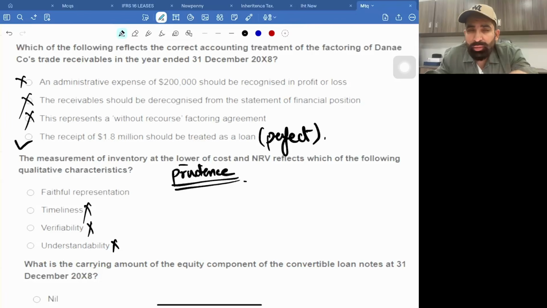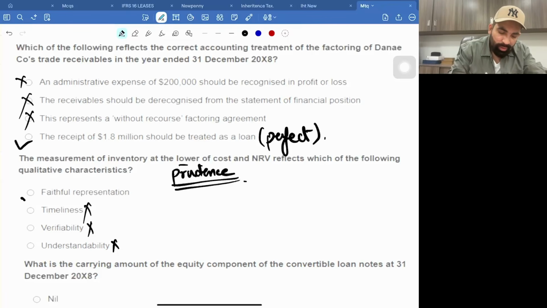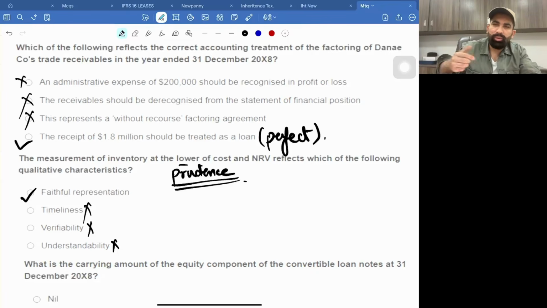And in the prudence concept, you cannot book future income now, so this is again faithful representation, in the best interest of your shareholder. So it's very close to neutrality, and neutrality is one of the attributes of faithful representation. So faithful representation is the most appropriate answer.